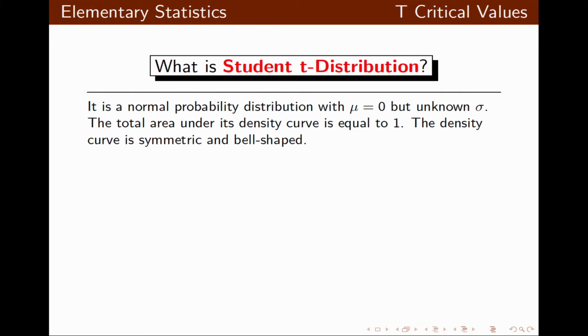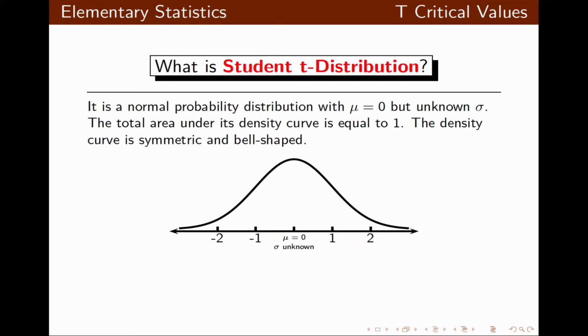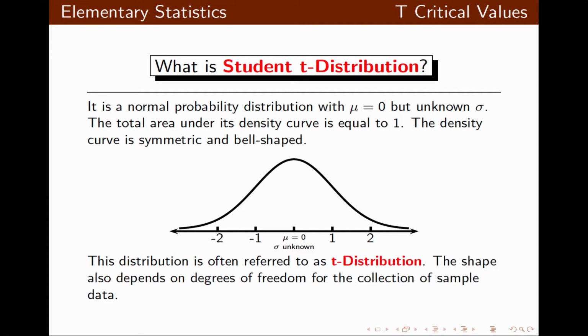The density curve for a student t-distribution is symmetric and bell-shaped. This distribution is often referred to as t-distribution. The shape also depends on degrees of freedom for the collection of sample data.